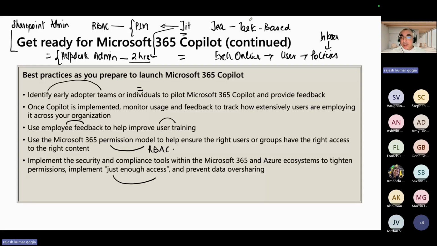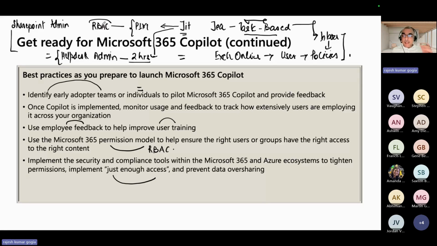That means it is task-based. I'm performing a task. So this just enough access can be task-based. That means you can restrict that a person can only perform a certain kind of task. And here, with JIT, with PIM, you're going with role-based. JEA is task-based, PIM is RBAC, role-based.